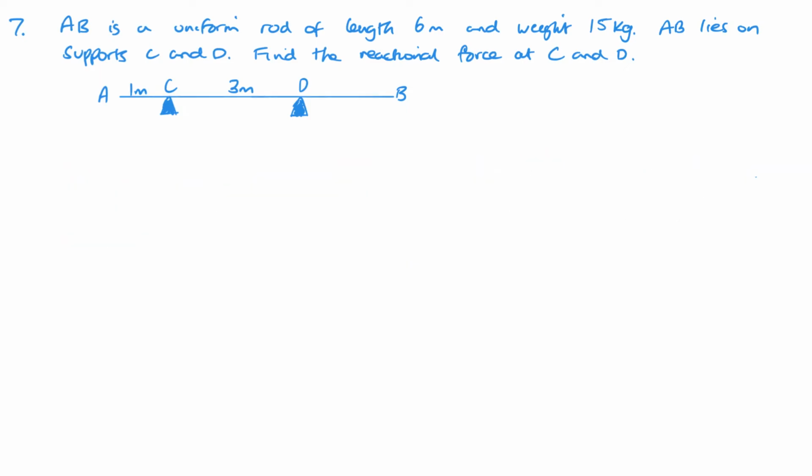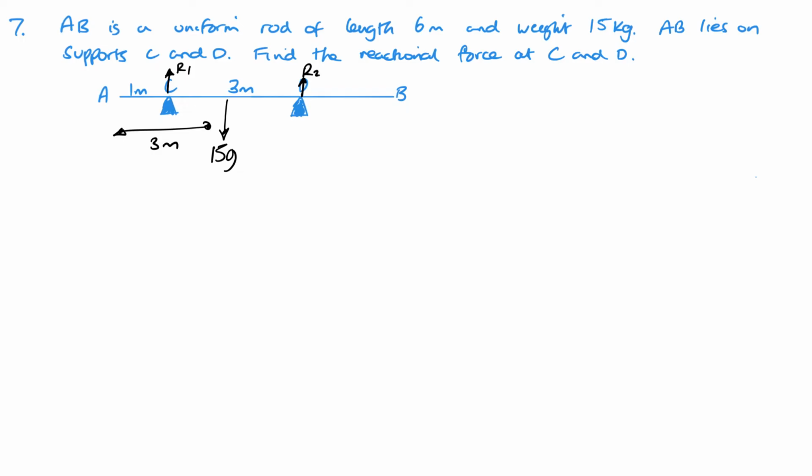Now in this question, 15 kilograms is going to act in the centre, so 15G. That means it's 3 meters from A and 3 meters from B. We also have 2 reaction forces, one at C and one at D, which I'm going to call R1 and R2.